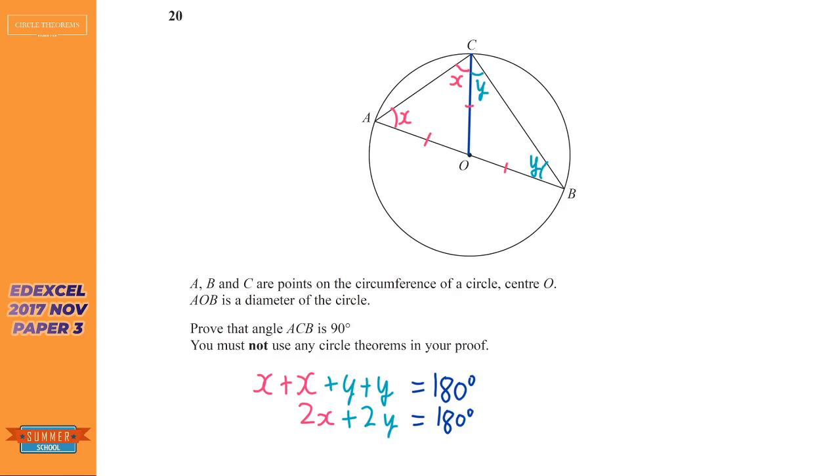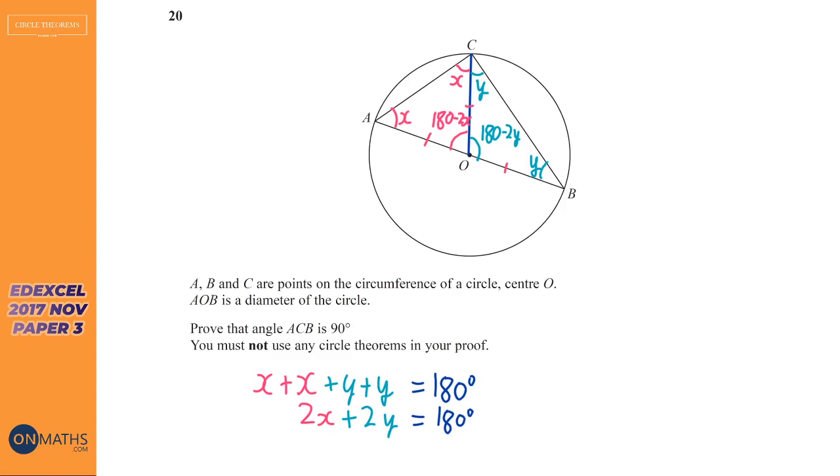And we've got this angle here is going to be angles in a triangle add up to 180. There's 180 take away 2x. So it'd be 180 take away 2x. And this one here will be 180 take away 2y. Again, angles in a triangle. So we've got angles in a triangle add up to 180, and we're removing the 2x's, or the 2y's that we know.